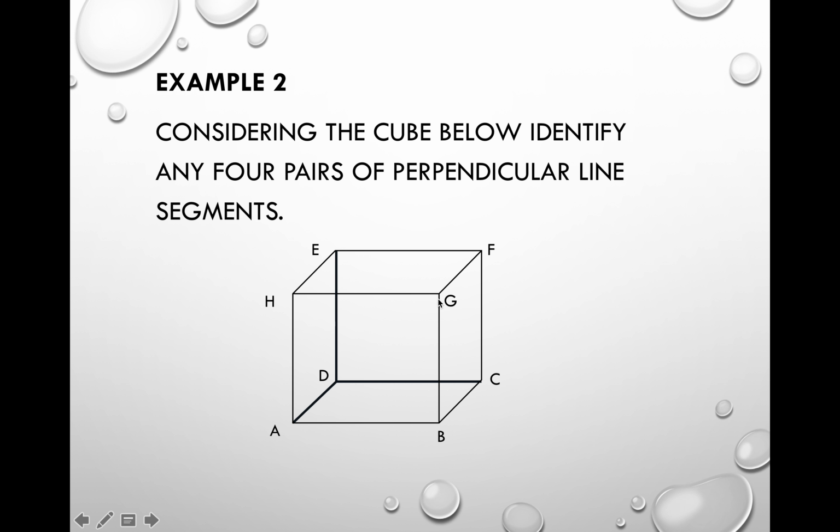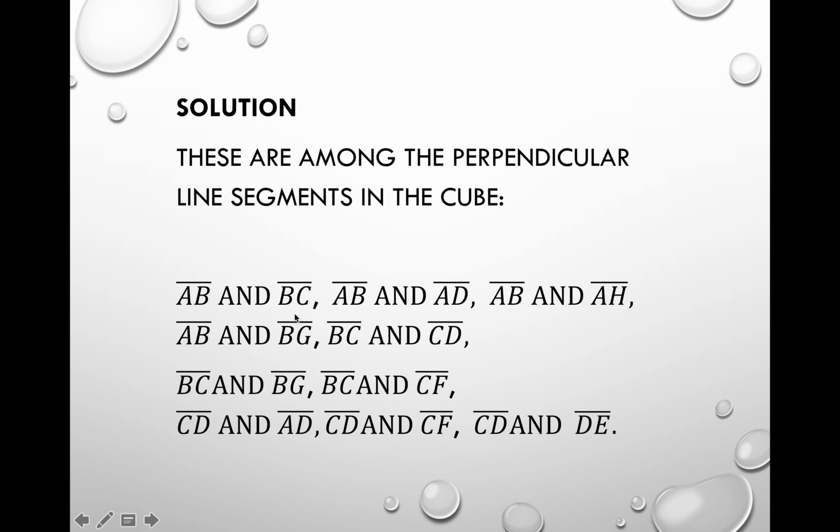Basically any line would be perpendicular to a touching line. All right. BG and HA would not be perpendicular because they do not even touch each other. So these would be all the combinations where line segments would touch or intersect and create 90-degree angles.